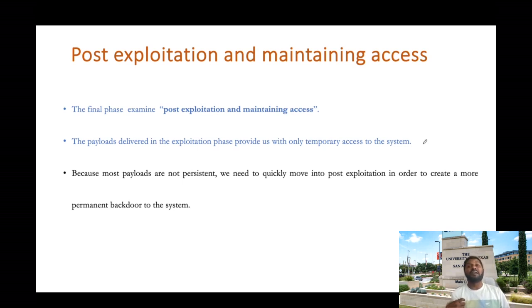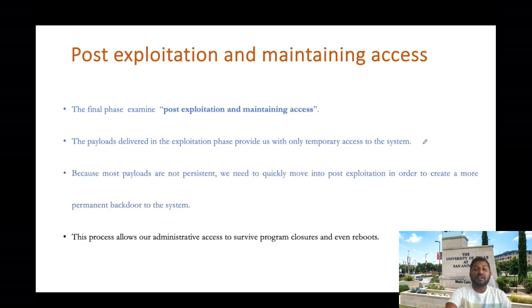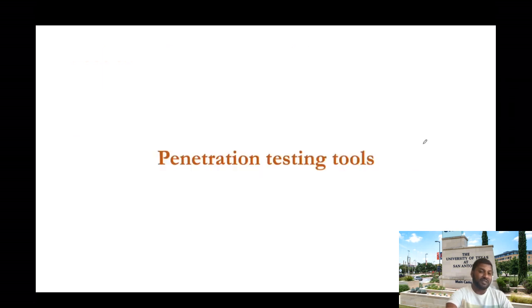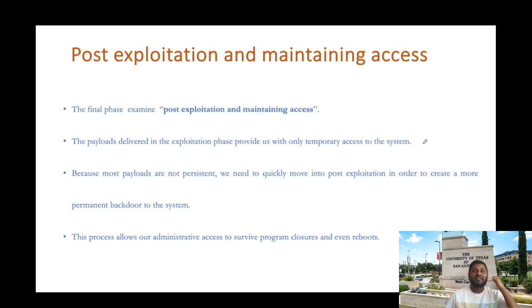If you get all the administrator privileges, you get a permanent backdoor: at any time you can enter and at any time you can leave. This allows our administrative access to survive the program closing and even system reboots.